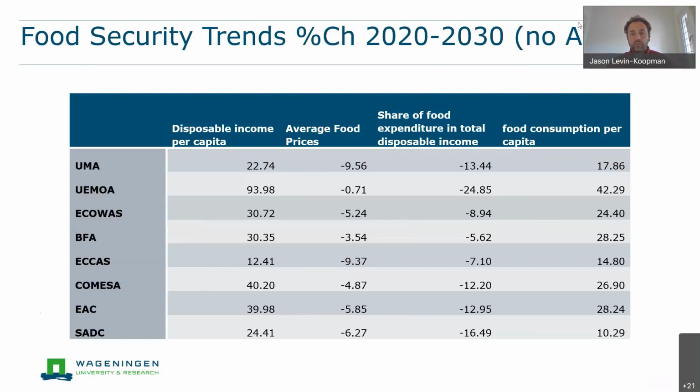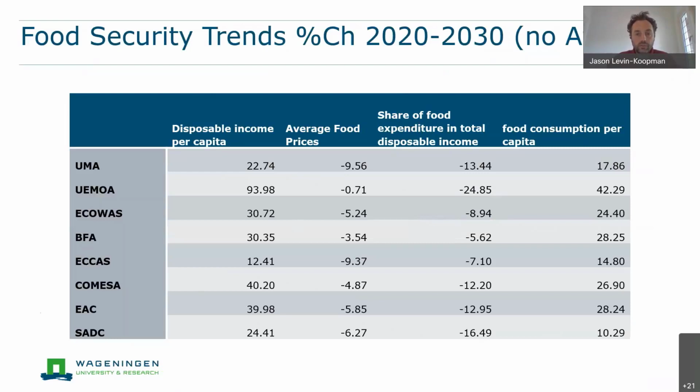So these are the baseline food security trends for the different regions. BFA is Burkina Faso, the country we're paying most attention to. And this is the percent change in the business as usual scenario for the 2020 to 2030 period.